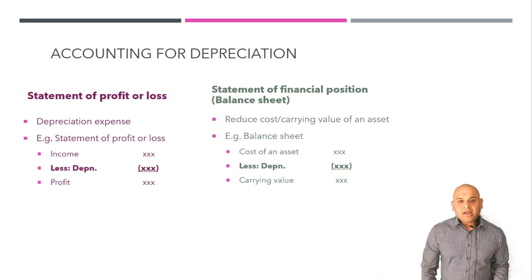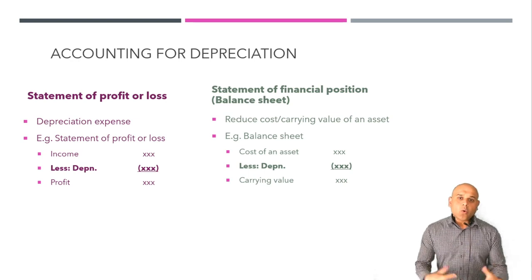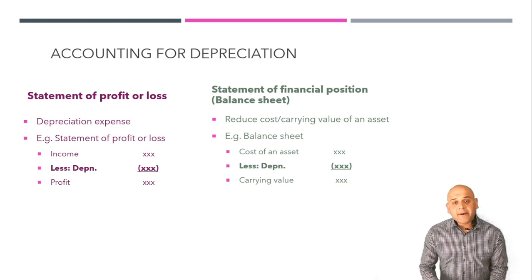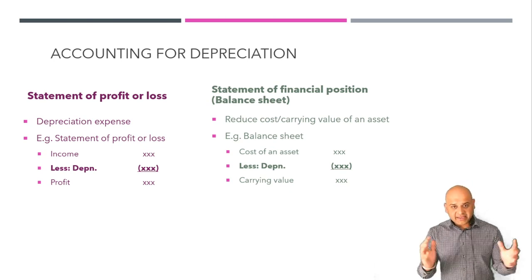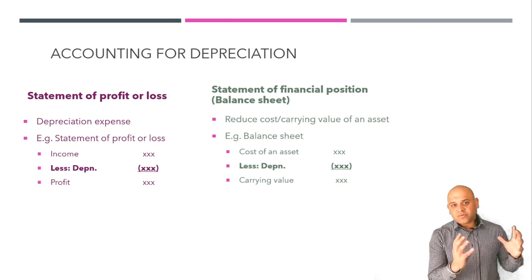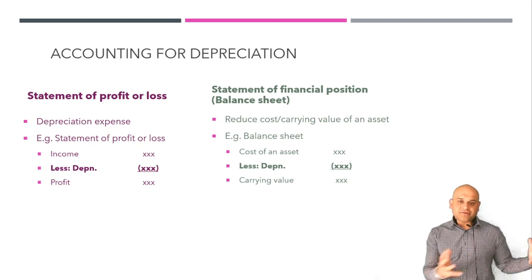Okay, so this is how we calculate the depreciation. Now, let's look at the accounting side of it. So depreciation is an expense, although not a cash expense because no cash flow takes place when we work out depreciation. Remember, we already would have paid for the asset and the cash flow would have taken place at the start when we actually acquired the asset. Depreciation is just the allocation of that cost.